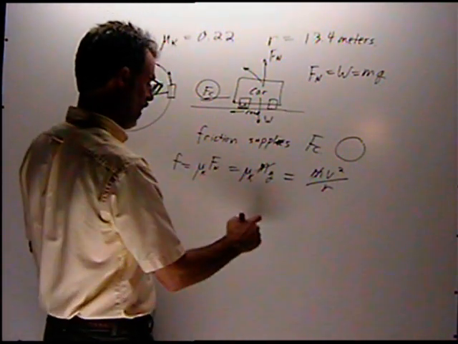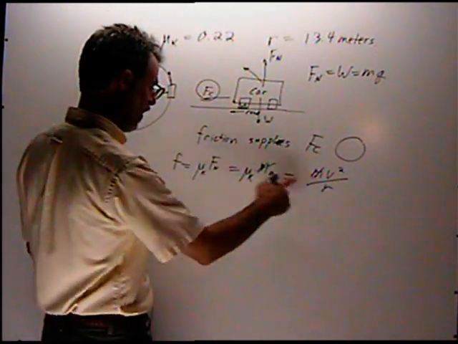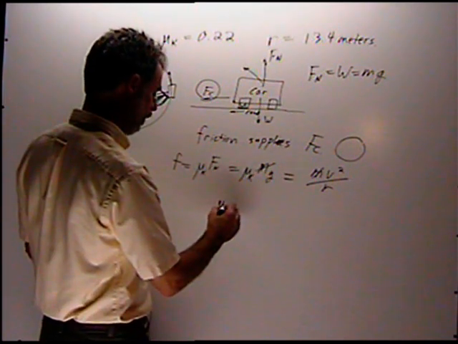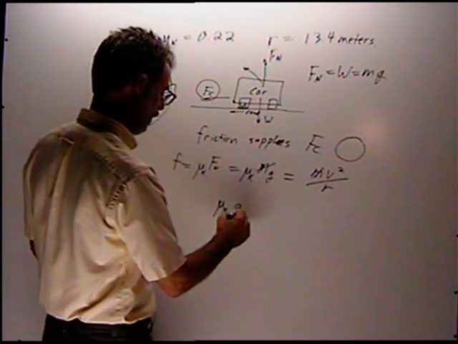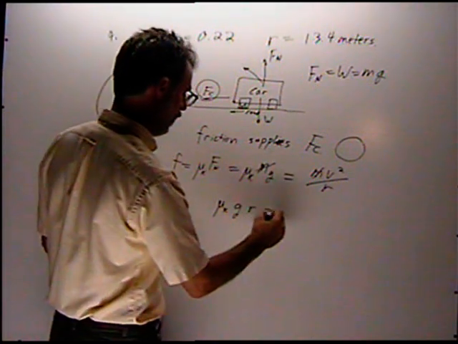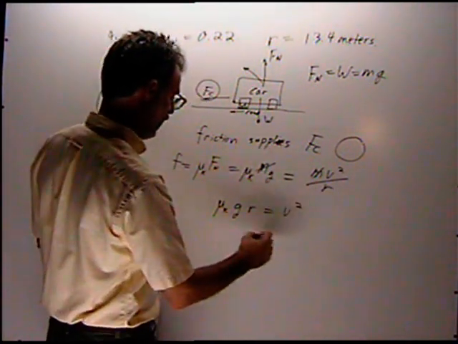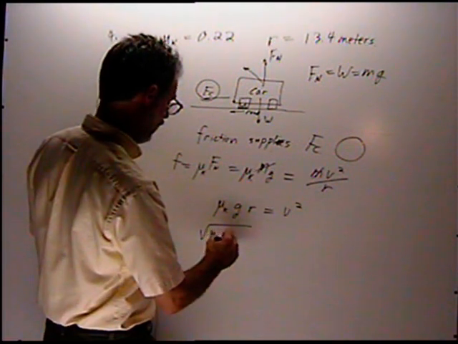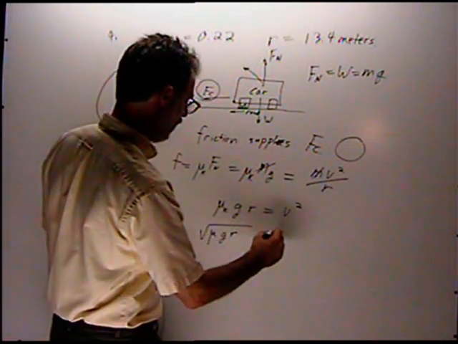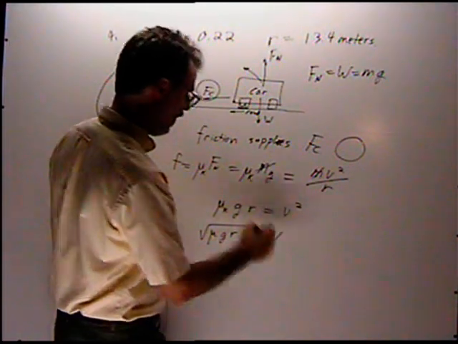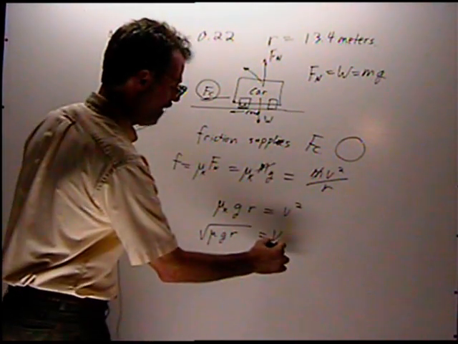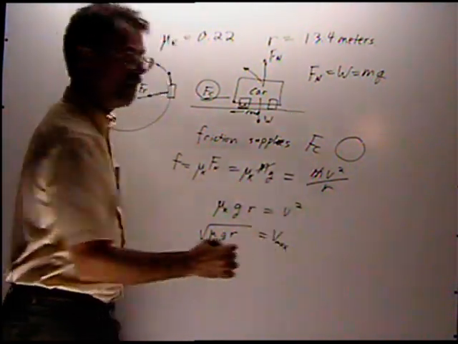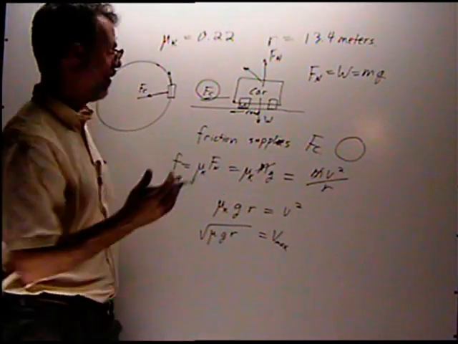So we're going to multiply both sides by r, so the coefficient times g times r equals v squared. So the square root of the coefficient times g times r is this velocity. In this case, it will be the maximum velocity the car could have.